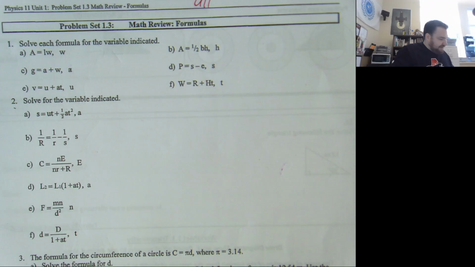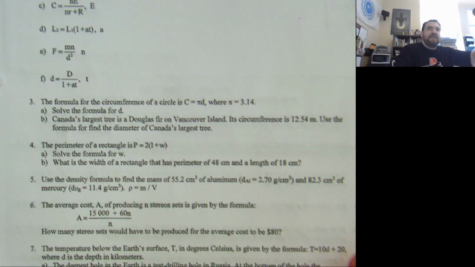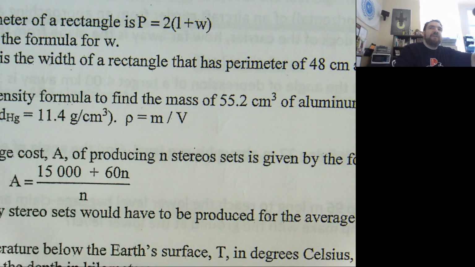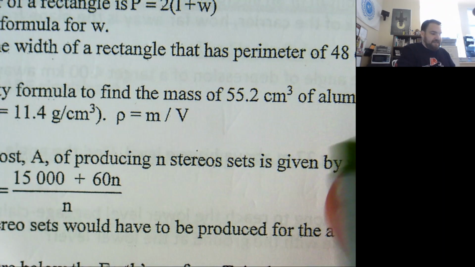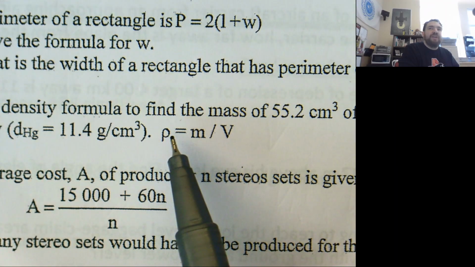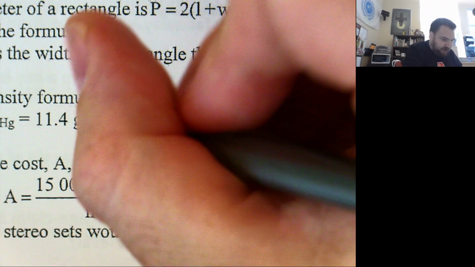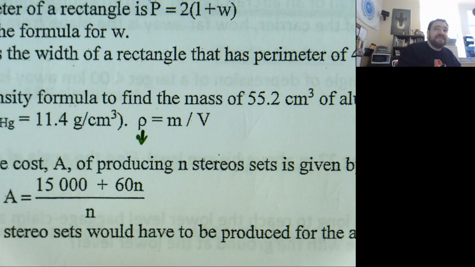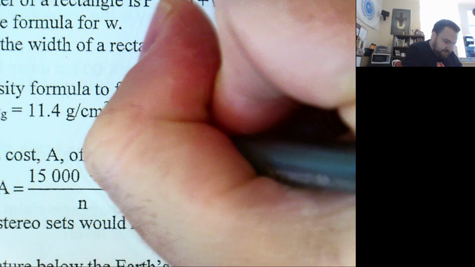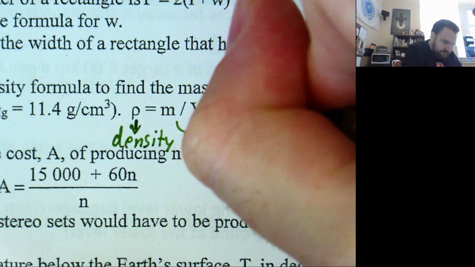There is one teeny tiny thing I have to explain for those of you who haven't taken chemistry yet. This formula down here, in question 5 on the bottom, this guy here, that's the Greek letter rho. So rho equals m over big V. I just want to explain what these things are because the wording of the question doesn't tell you what they are. That symbol rho is density. M is mass.